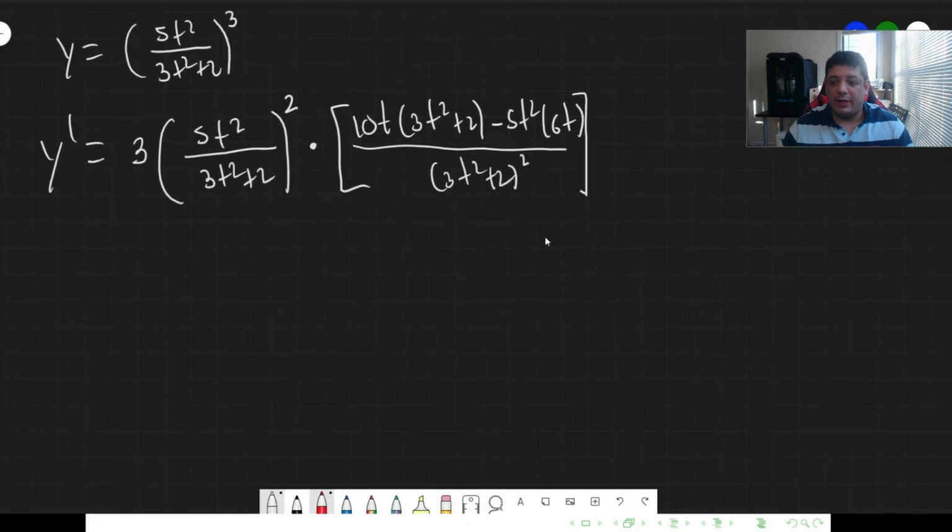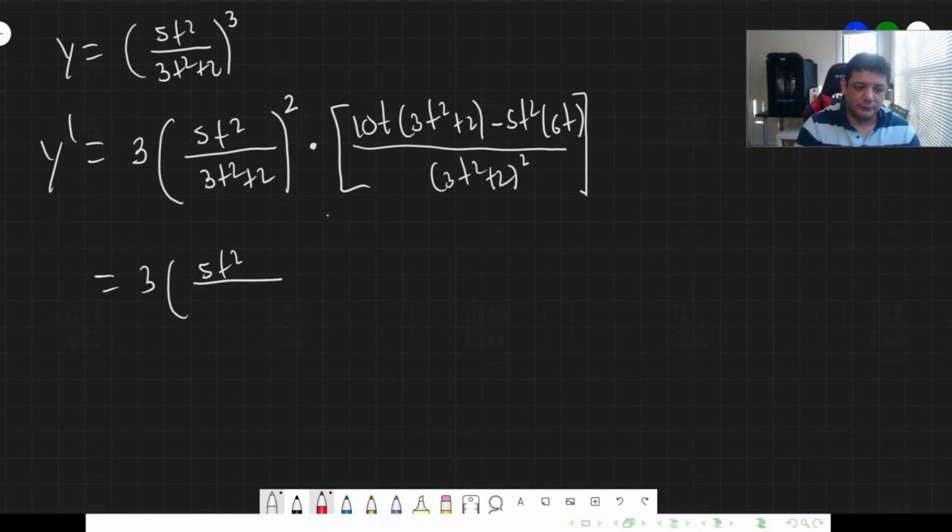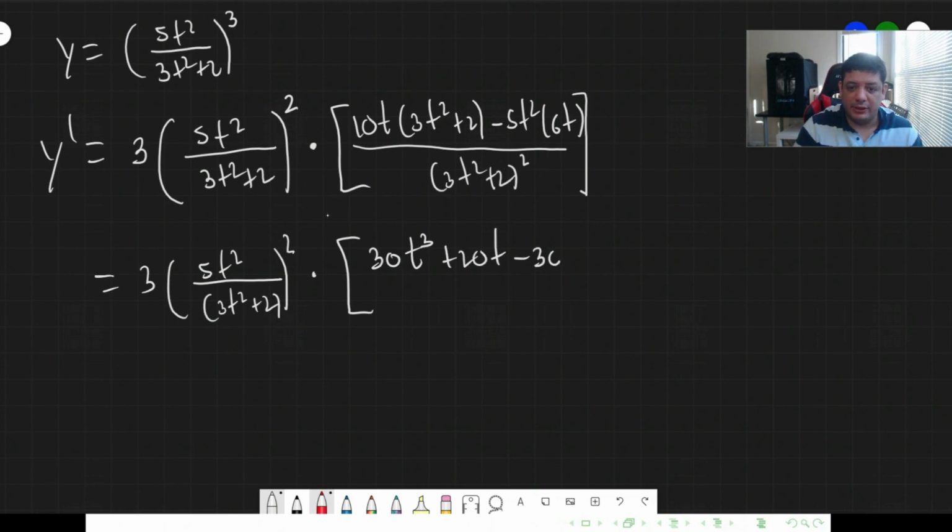And of course, in this particular scenario, you definitely can simplify things. And that's going to be better, especially if you have to do maybe multiple derivatives. So 30t cubed plus 20t minus 30t cubed over 3t squared plus 2, squared.